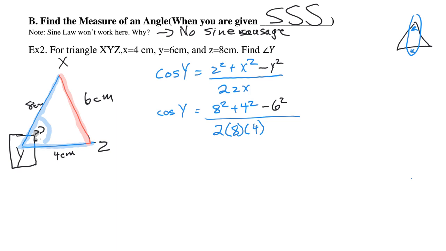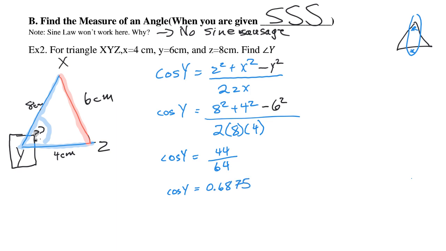And that's it. So you end up with cosine of Y is equal to, simplify the top, you're going to get 44 divided by 64. And 44 divided by 64 gives us 0.6875.